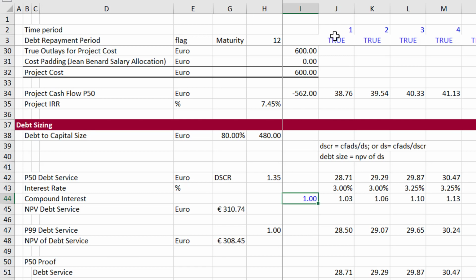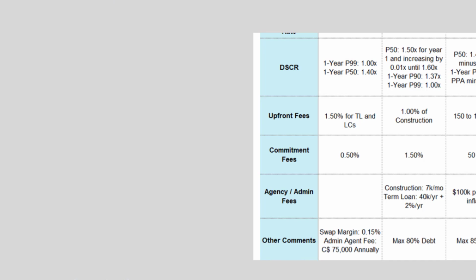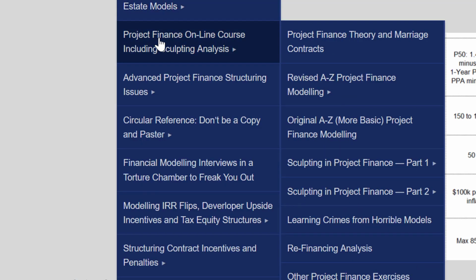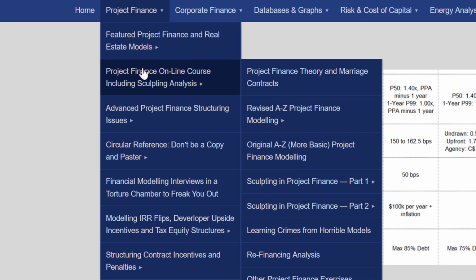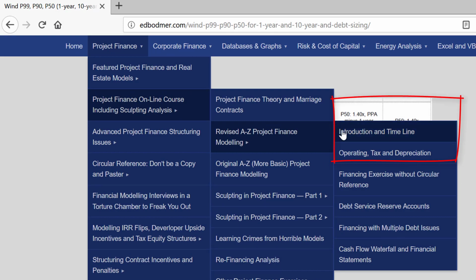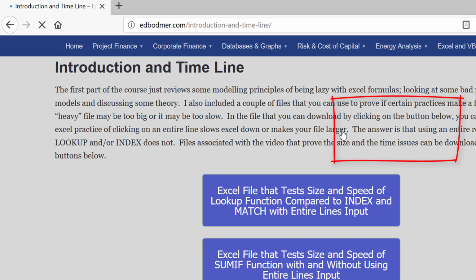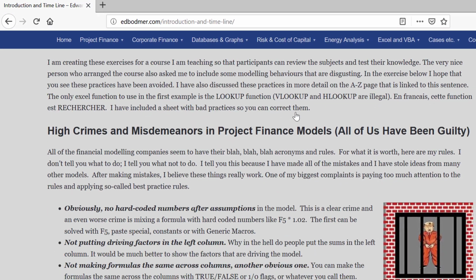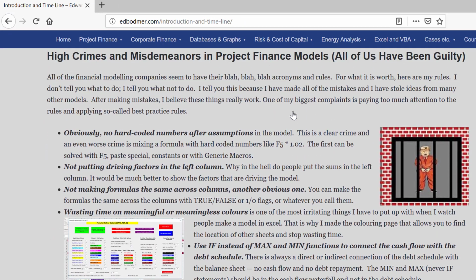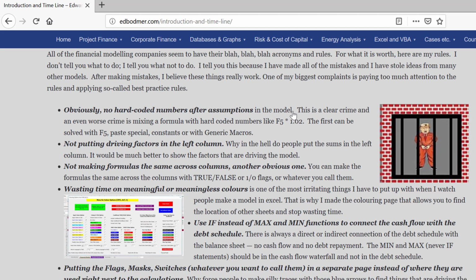I violated one of these rules, and I'm sorry about digressing here, but I want to really emphasize that there are some rules that you should follow. I call them criminals. I say here, no hard-coded numbers, duh.